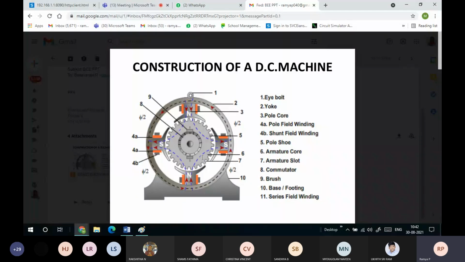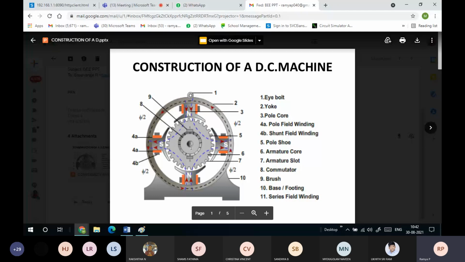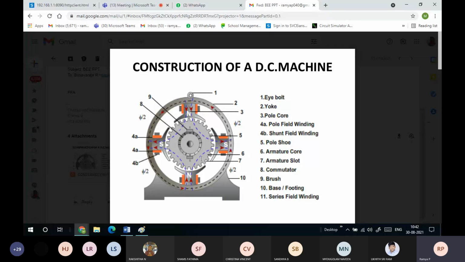Coming to the armature winding, it is the winding with the interconnection of the armature conductors. The conductor will be moving in one particular direction, and it has its own armature winding, which is rotating in nature, whereas the field winding is placed in a constant place.